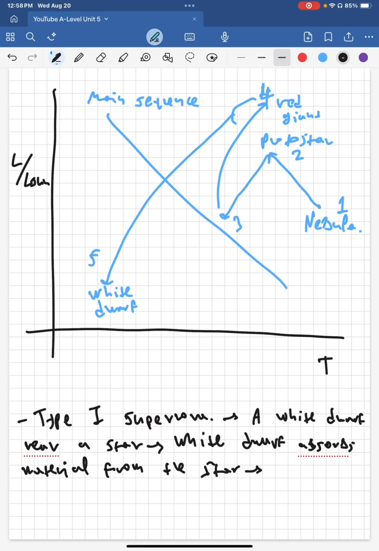If a critical mass concentrates on the surface of the white dwarf, WD, then we have an explosion.